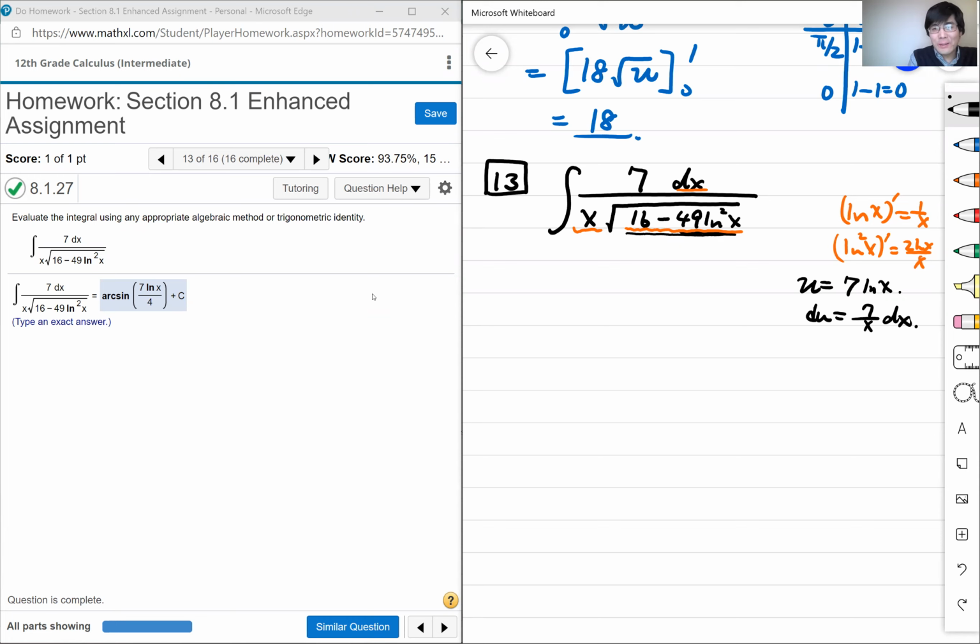So that's a good start. So that's going to become du on the outside, and the inside is going to be 16 minus u squared. Now this looks good because it looks like this format. So it's similar to arc sine x.